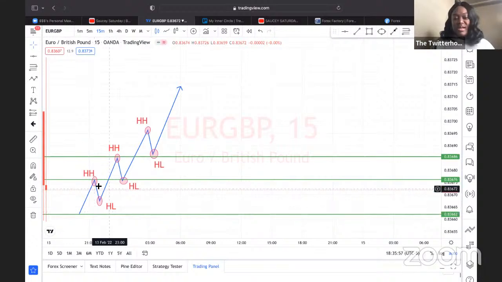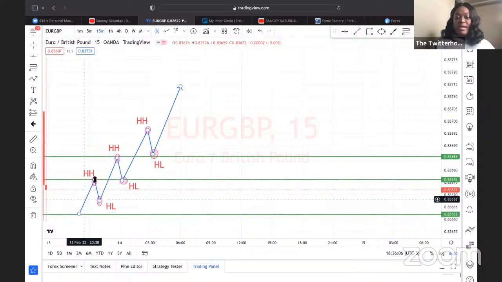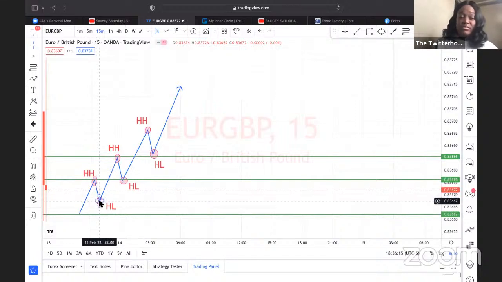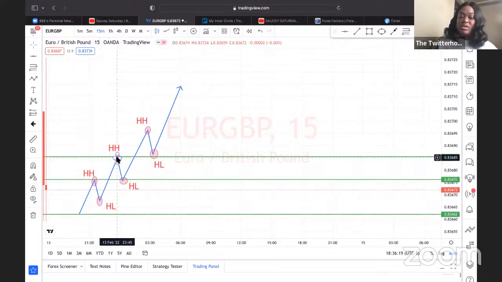So let's look at this, right? Right here, this is the floor, this is the ceiling, right? So it came here, takes a dip, pullback, retest, it breaks through.